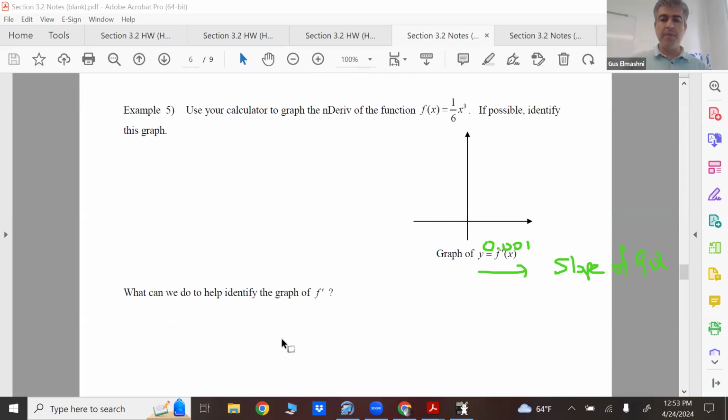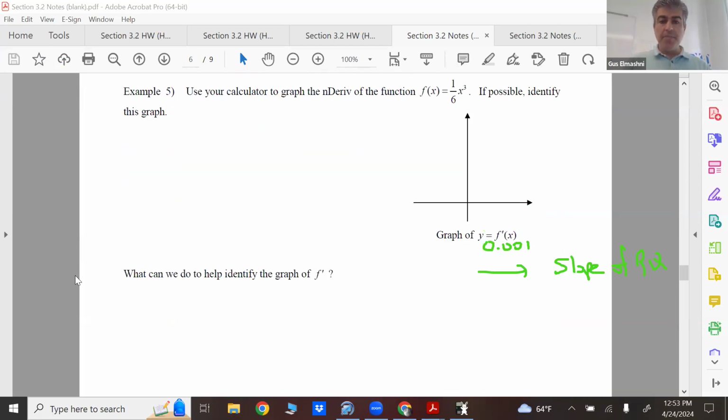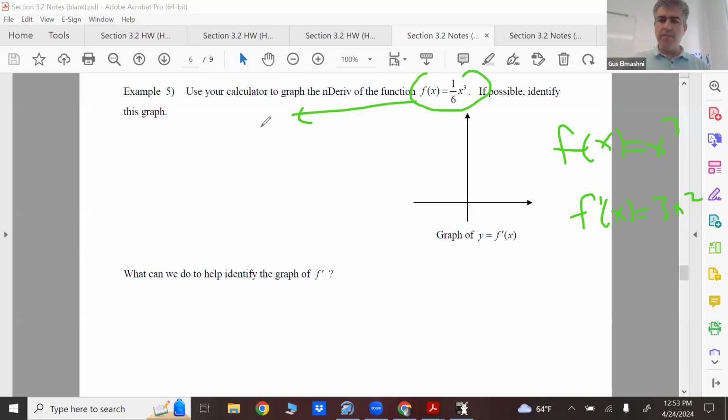What's happening with the calculator? Okay, so let's do it again. Use your calculator to graph that. We're going to graph the derivative of that. Well, first off, what was the derivative of x cubed? 3x squared, right? We know this now. So this right here will be 1/6 of that, or x squared over 2. So that's what I expect it to look like.